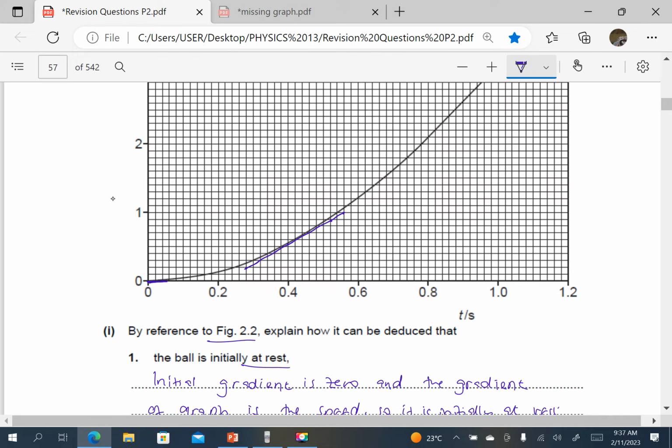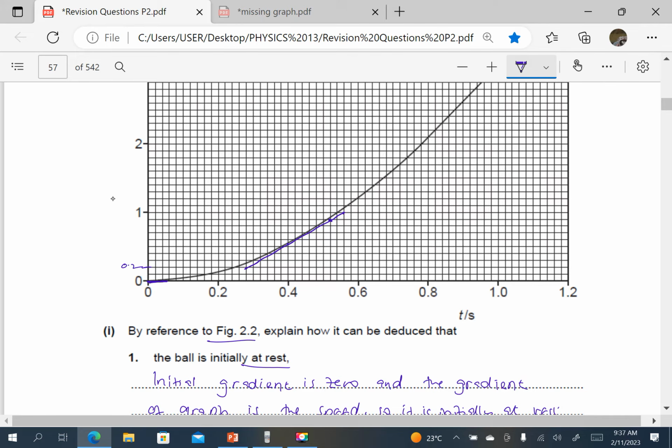So I can now find a gradient because the speed is the gradient. On the x-axis, this is 0.2. On the y-axis, but the line is very far.